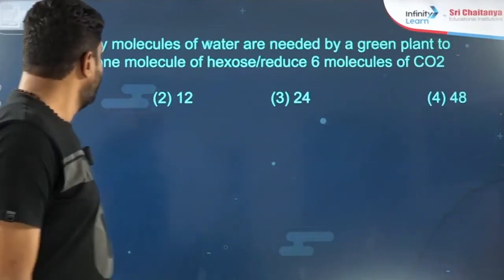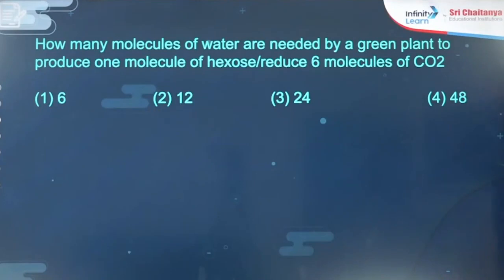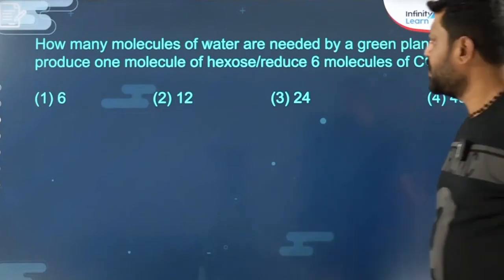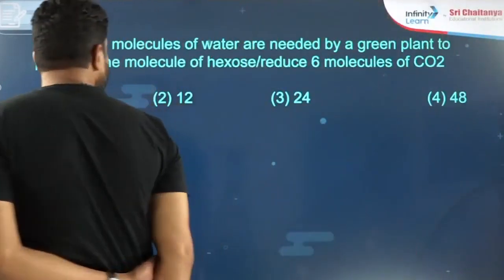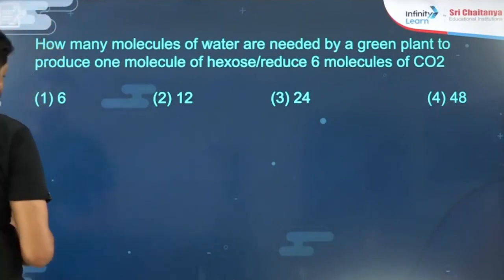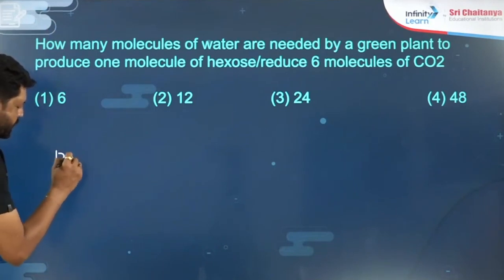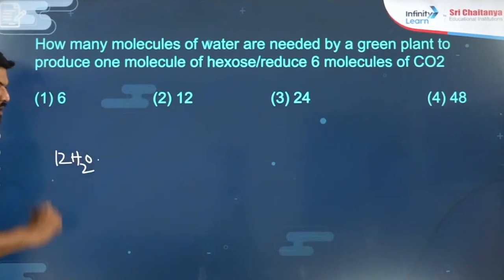Next question. How many molecules of water are needed for green plants to produce 1 molecule of hexose sugar, reducing 6 molecules of CO2? I told you already, in light reaction 12 water molecules will undergo photolysis.